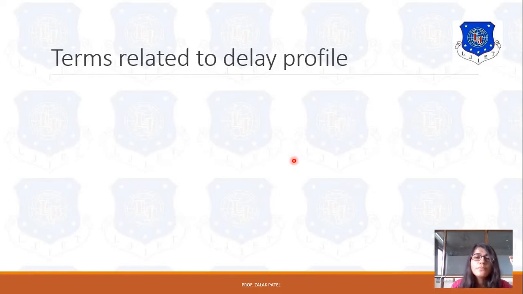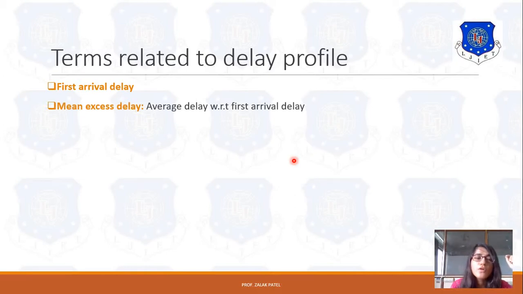Terms related to delay profile. First is the first arrival delay. I have already discussed that it is mainly the delay profile start time, denoted by tau A. Mean access delay is the average delay with respect to the first arrival delay, denoted by tau E. It has the equation tau E is equal to the integration of (tau minus tau A), where tau is the original time period taken by the system and tau minus tau A is the time relative to the first arrival of the power delay profile, into p of tau d tau, meaning the component of power at the time tau.